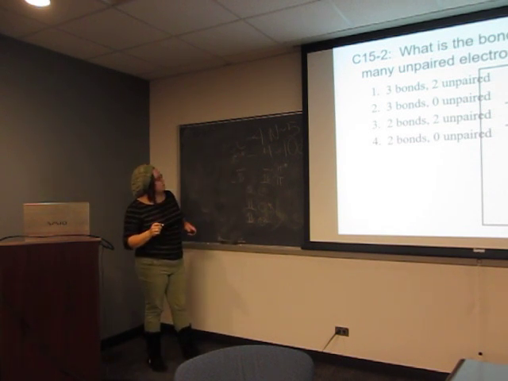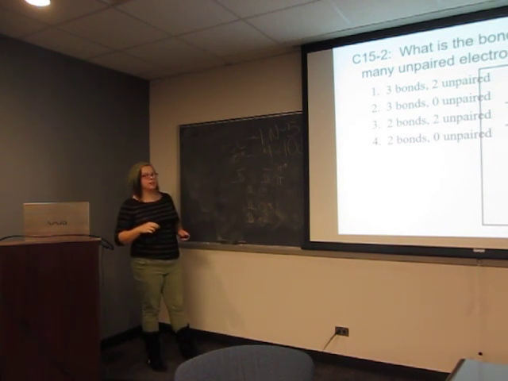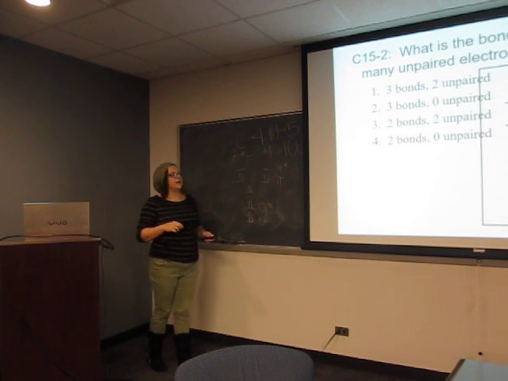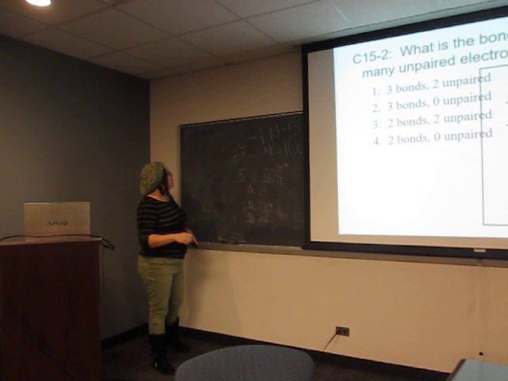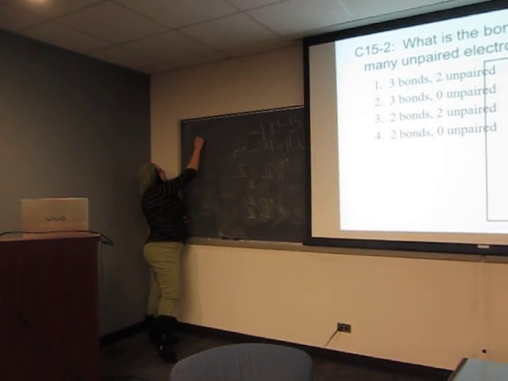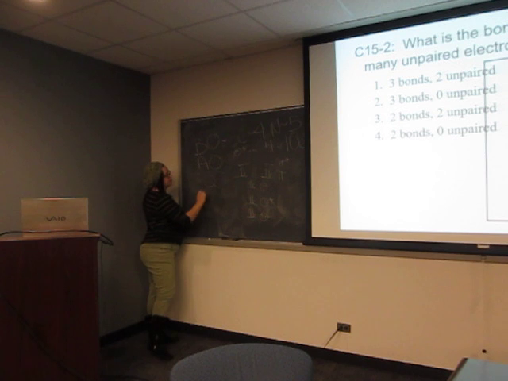So how many unpaired electrons does it look like we have? None. I see none. So we have 0 unpaired electrons. To determine our bond order, we're going to have our bonding orbital electrons minus our antibonding orbital electrons. Divide the whole thing by 2.